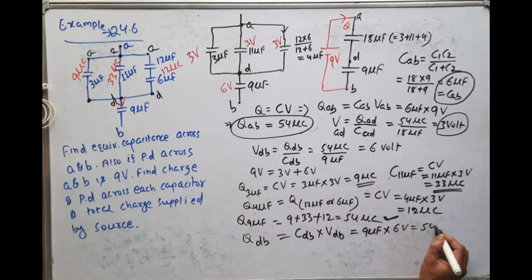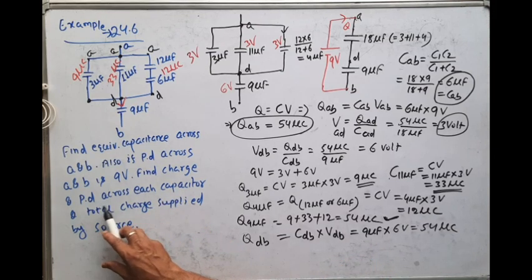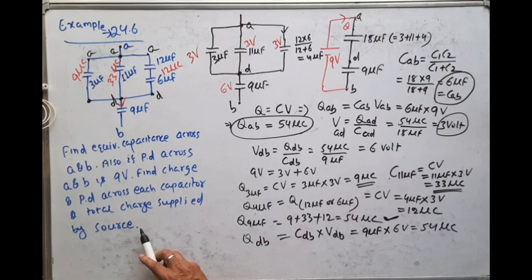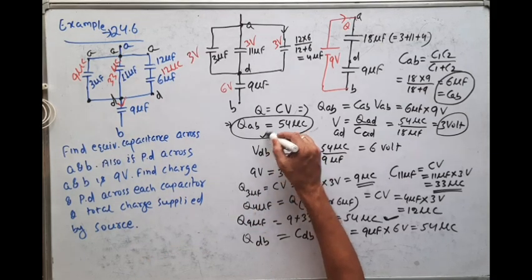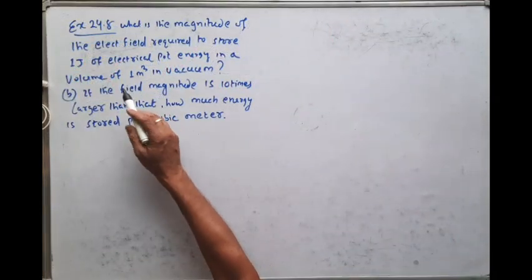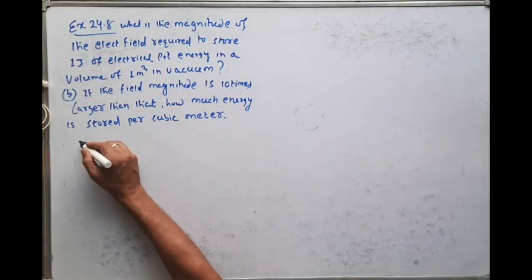So that is equal to 54 microcoulomb. In any way you can solve this problem. So we got the charge and potential difference across each capacitor and the total charge supplied by the source. What is the total charge supplied by the source? Total charge supplied by the source is equal to 54 microcoulomb. So this is example 24.8.